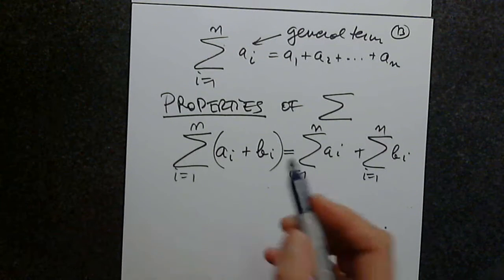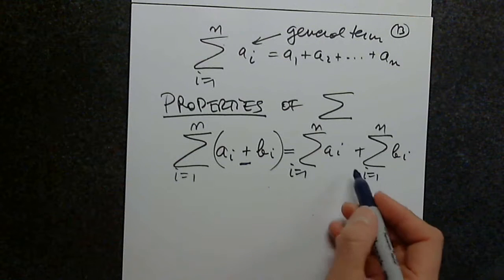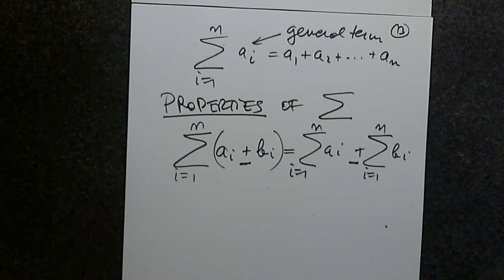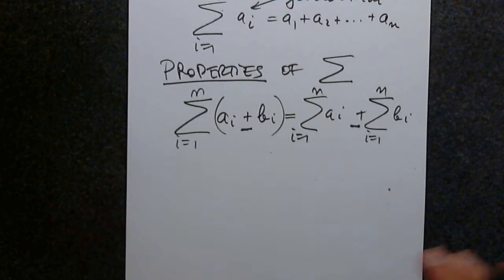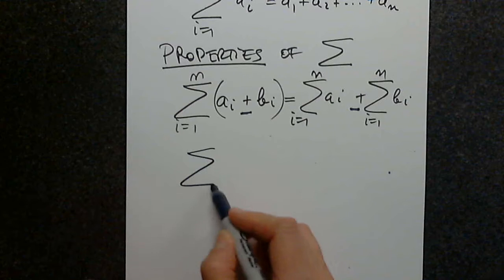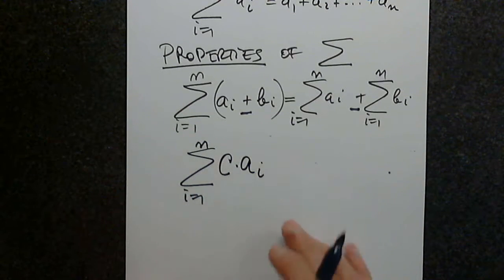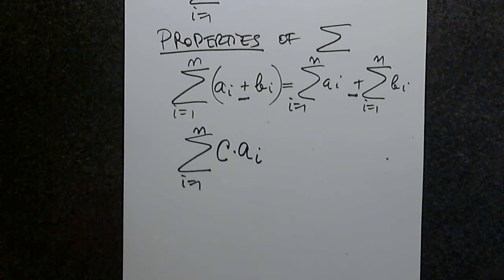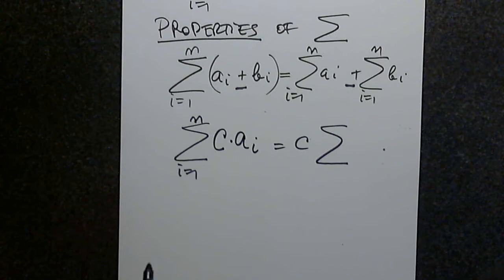What if I have minus here? What do you think the property will be? Of course, with minus. Here's the next one. What about the sum from i equals 1 through n of a constant times the general term? What do you think this will equal? Exactly what we had before with derivatives and with limits. Of course, c goes outside as a constant because it's a factor.